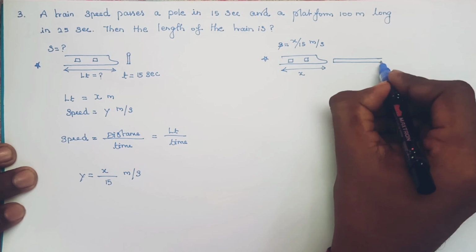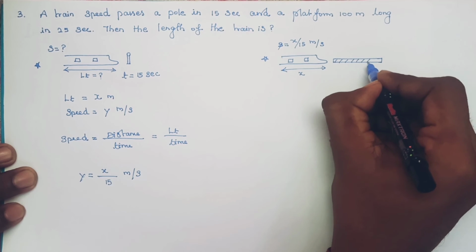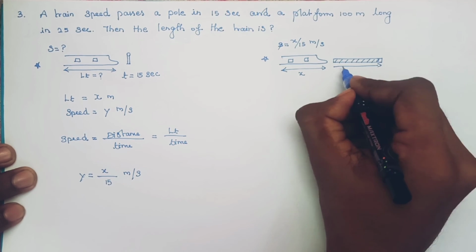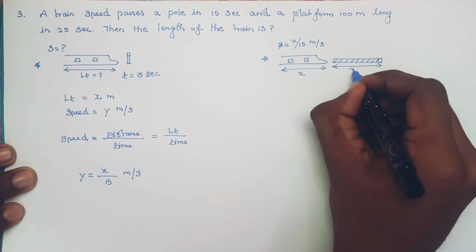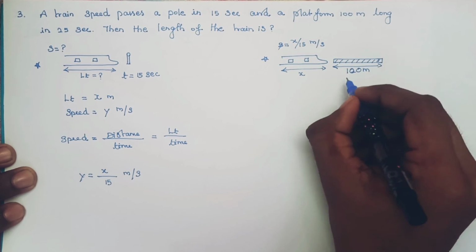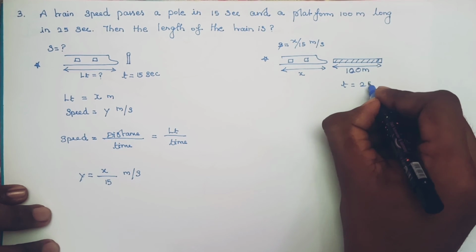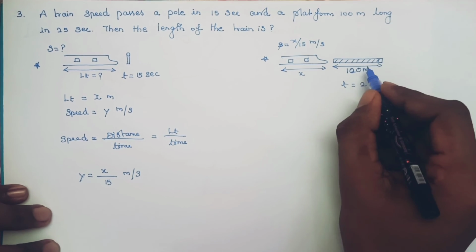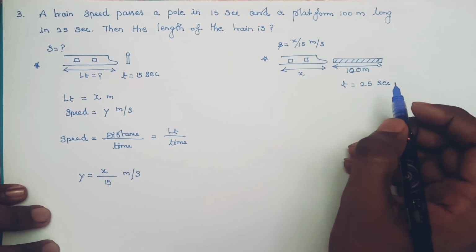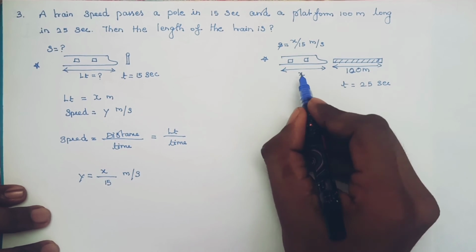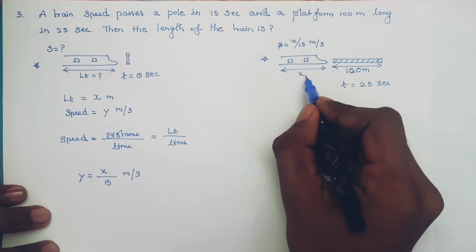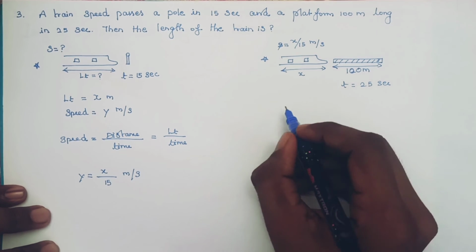Here is your platform. Length of the platform is 100 meter. The train would take 25 seconds to cross this 100 meter platform. Then we have to find the length of the train, that is the x value.